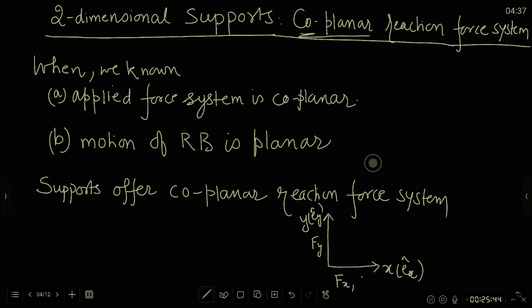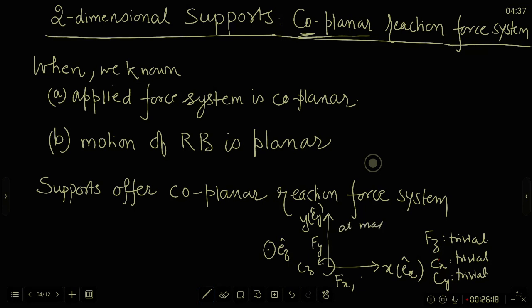And as far as torques are concerned, Cx is trivial, Cy is trivial. You don't have to draw them. Cz can exist, which we will show like that. So Ez is coming out of the plane. At max, you can have 3 unknown scalars on the FBD of the body of interest.